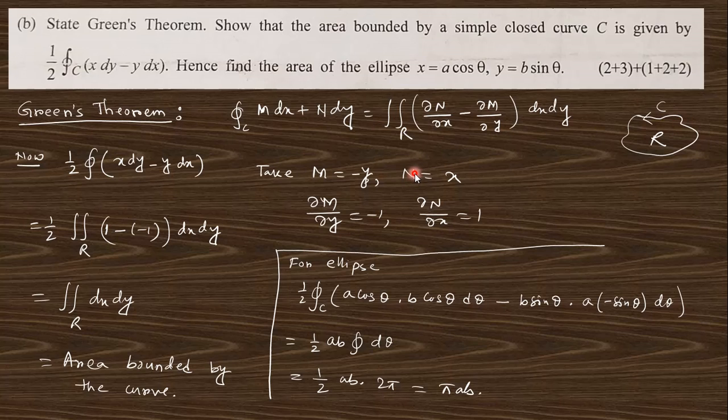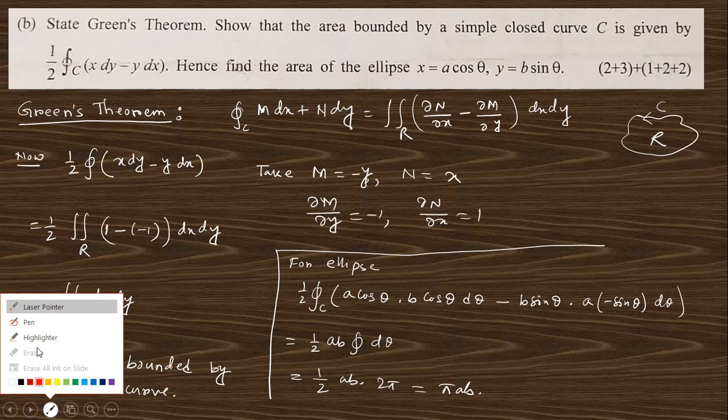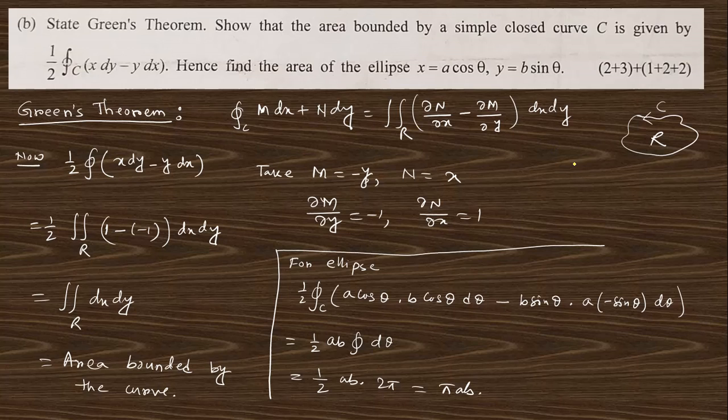And for an ellipse, for the function x dy minus y dx, just find out the values of x, dx, y and dy. x equals a cos theta, so dx is nothing but minus a sin theta d theta, and y is b sin theta, so dy is nothing but b cos theta d theta.